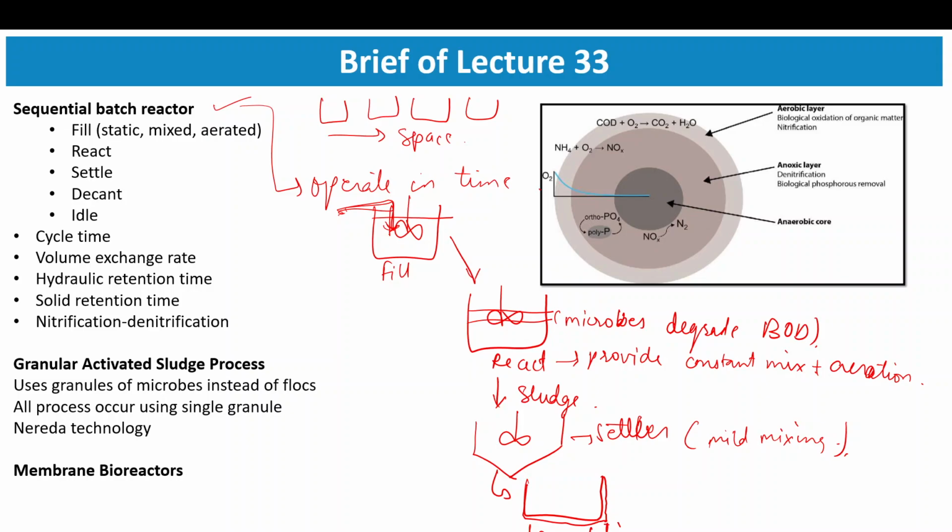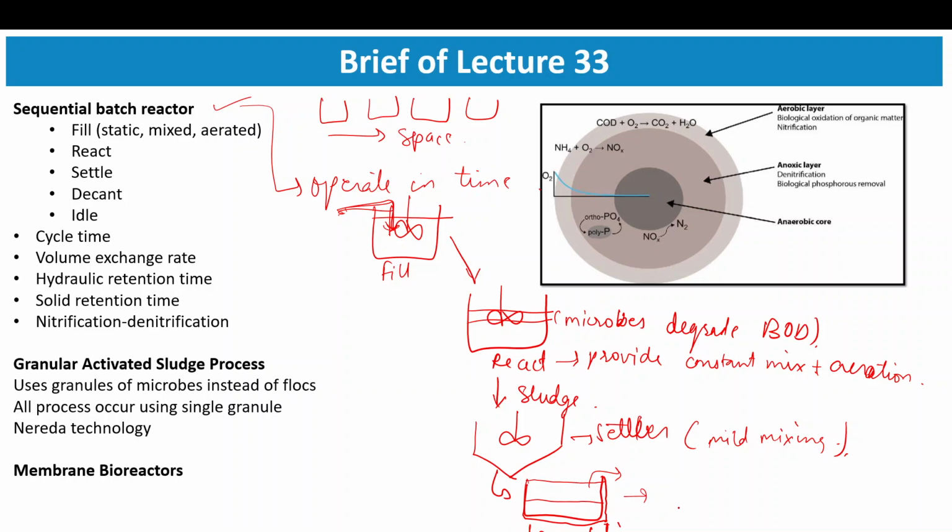Decantation works on the principle of density difference, where higher density material comes at the bottom, and a layer of low density material is obtained upwards. So here the water layer will be obtained, and you can take this out. There will be some time gap provided, after which you repeat the cycle.